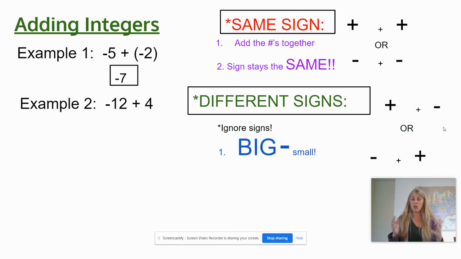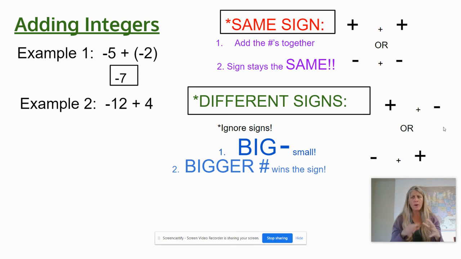So we take our bigger number, once again ignoring the sign, so our bigger number, absolute value-wise, is 12. So we're going to simply do 12 minus 4. So 12 minus 4, of course, is 8. After we have that, we look once again at the signs themselves, and whichever one of those was bigger.